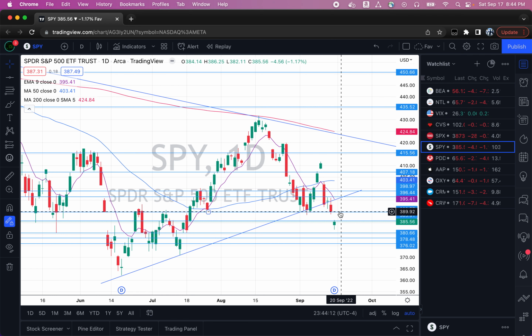So I would just play small. But the chances of this going up and tagging this 9 EMA and the trend line are pretty high, considering the buyers that we saw on Friday. Now this could be an OPEX thing.